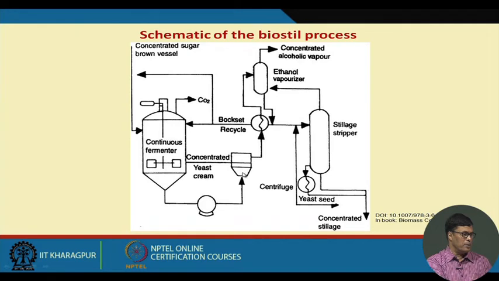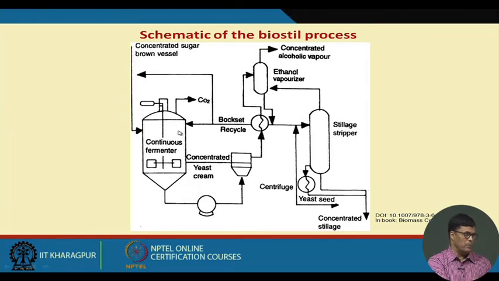The concentrated cell you recycle back, some cell you take out here, and then we pass it through the distillation process, and after distillation some of the liquid you take back.